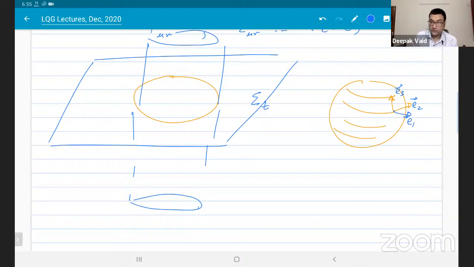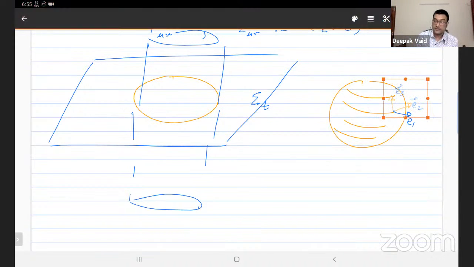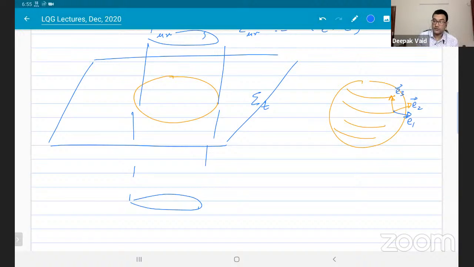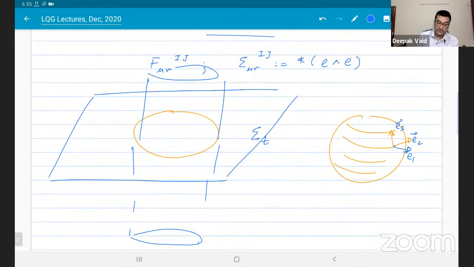The radial vector field will be normal to the surface, and the angular vector fields will be tangential to the surface.